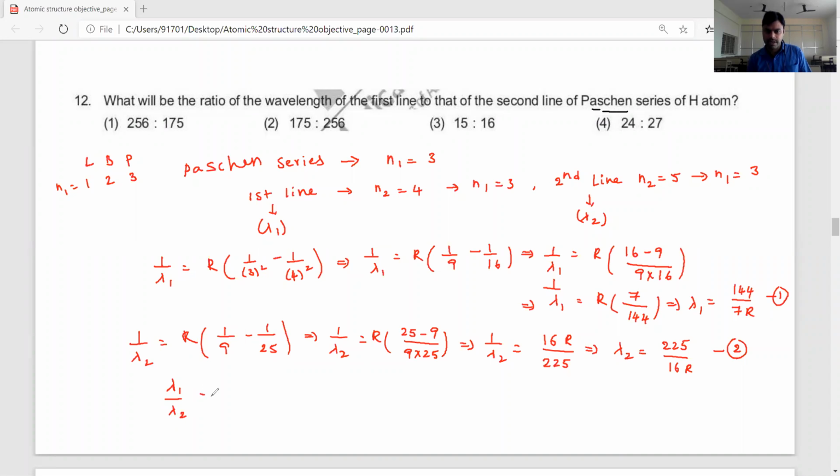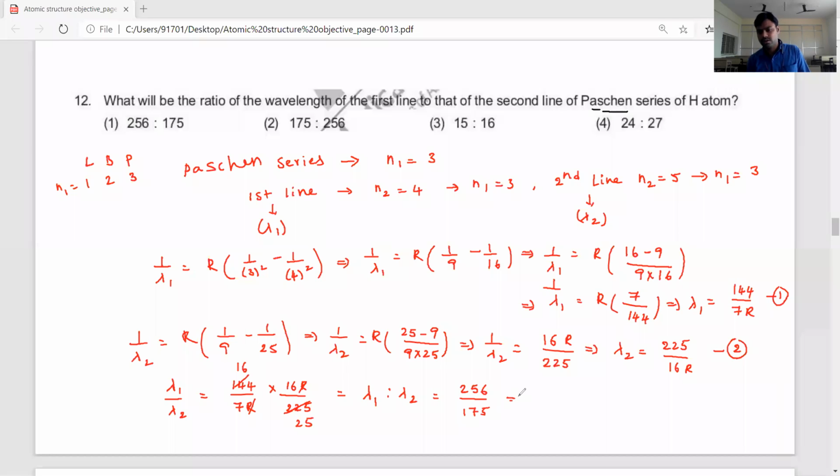Lambda 1 is 144 by 7R, divided by 225 by 16R. The 9 cancels with 144 sixteen times, and the 9 cancels with 225 twenty-five times. R and R cancel. So lambda 1 by lambda 2 is 16 into 16, which is 256, by 7 into 25, which is 175.